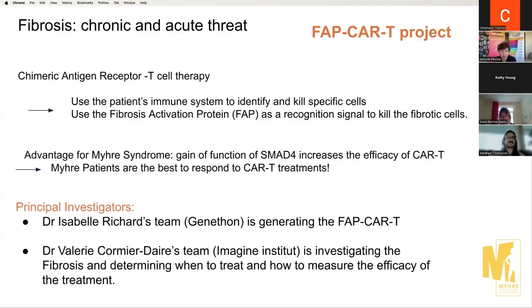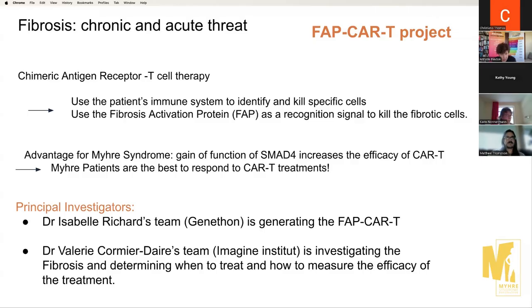So what's the principle of FAP-CAR-T? CAR comes from chimeric antigen receptors. T is the type of immune cell that we are going to use, and it's a cell therapy. Basically, we use the patient's immune system to identify and kill specific cells.